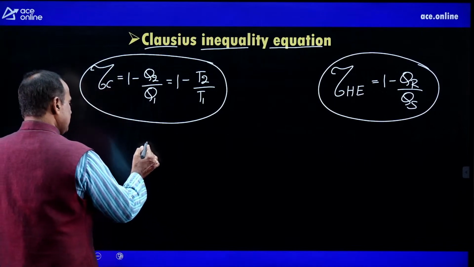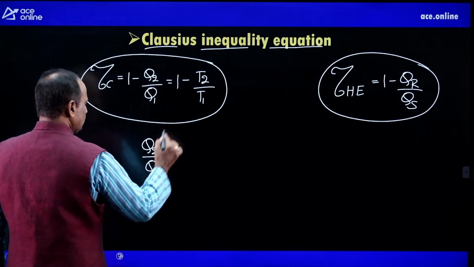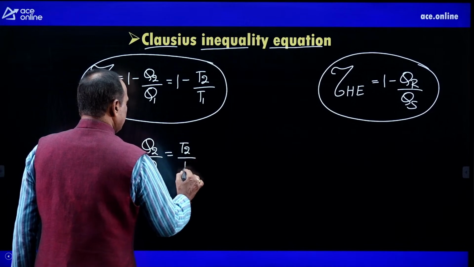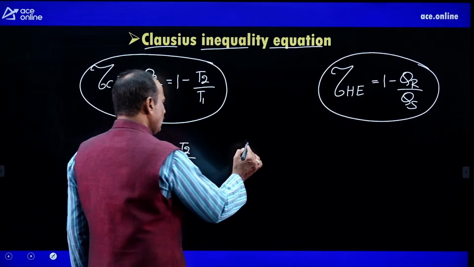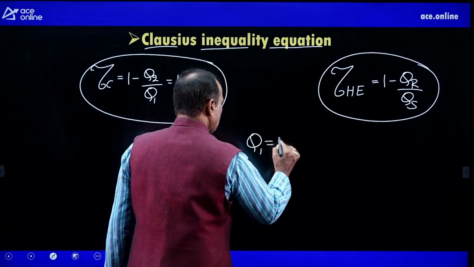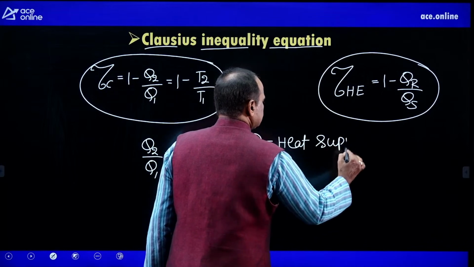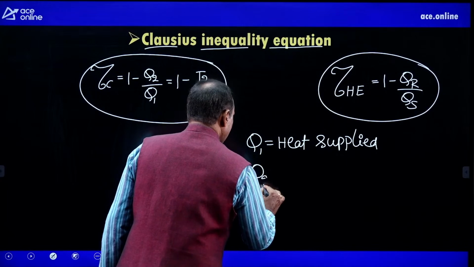From this, I can write, comparing these two relations, Q2 by Q1 equals T2 by T1. Heat ratio equals temperature ratio, where Q1 equals heat supplied and Q2 equals heat rejection.